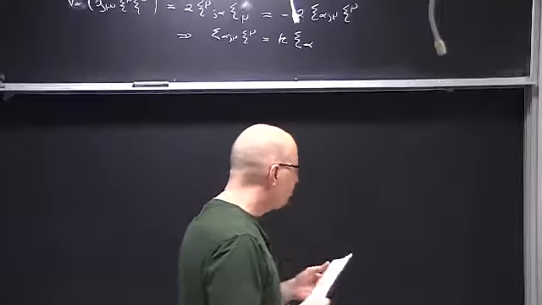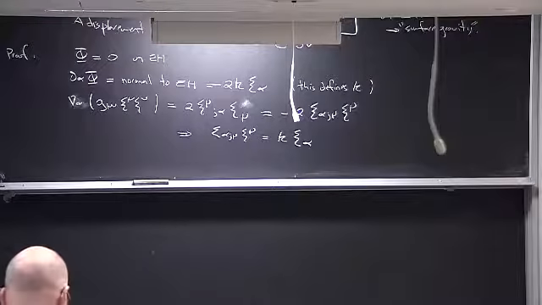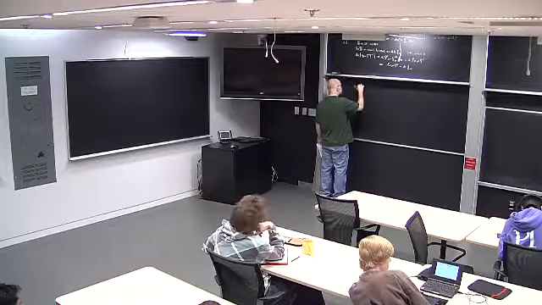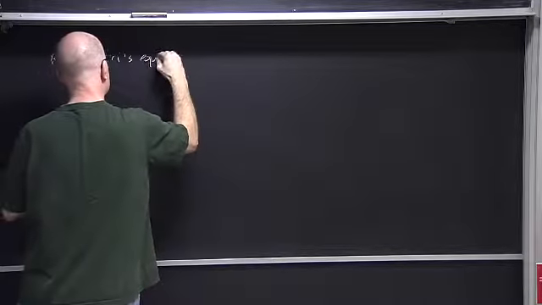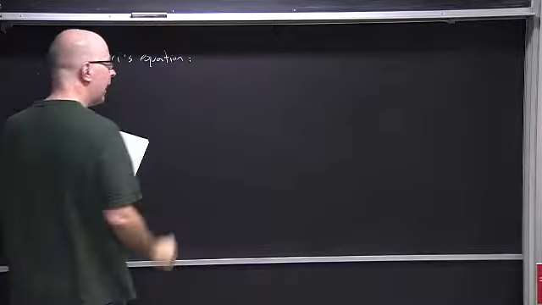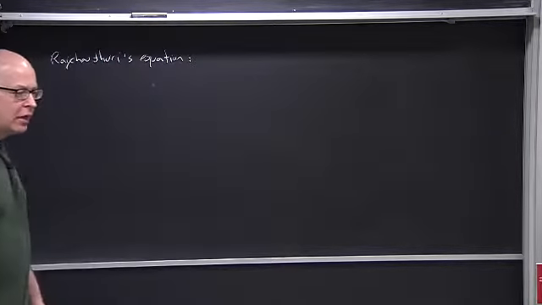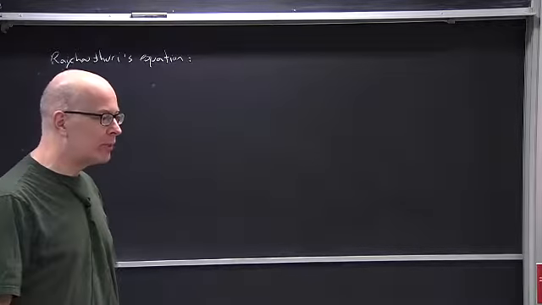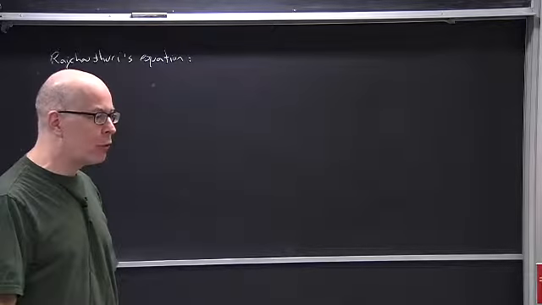So let me extract a couple more consequences from the stationary condition. We can write down Raychaudhuri's equation and say something useful about that. So here I'm going to use the generalized version of Raychaudhuri's equation, the one that you derived a while back for a homework assignment, the one that doesn't require the parameter to be affine on the congruence.